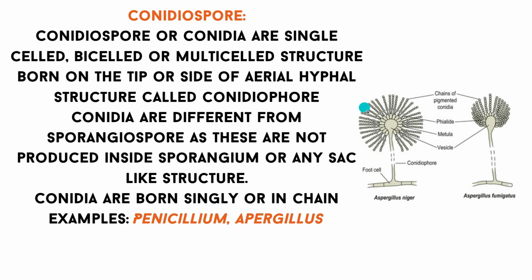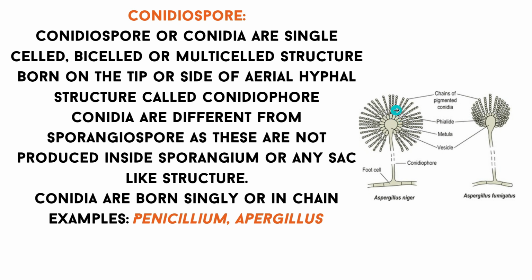Next comes conidiospore. Here there is an absence of sporangiophore. Instead there is the conidiophore, and at the tip of the conidiophore you can see the vesicle, and this specialized structure consists of phialides.